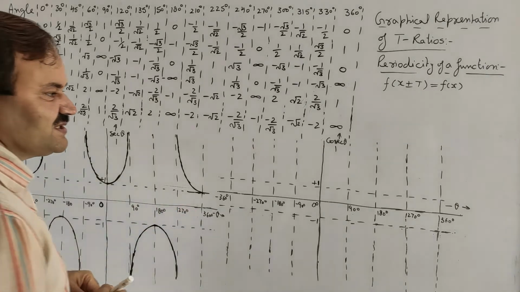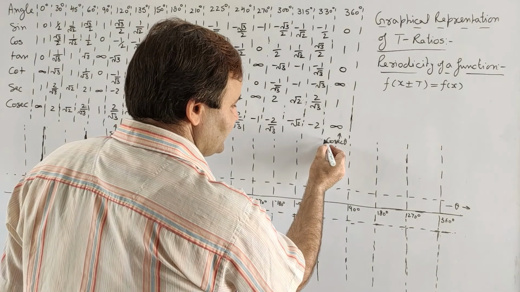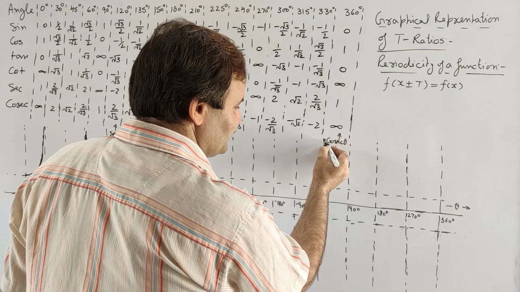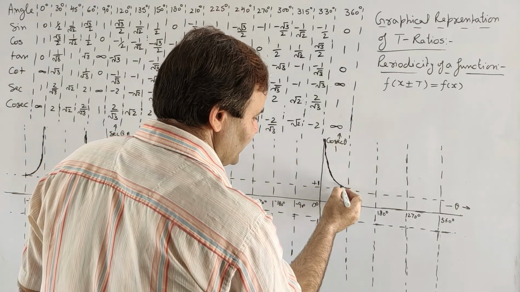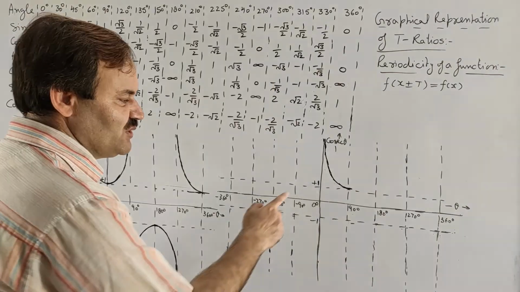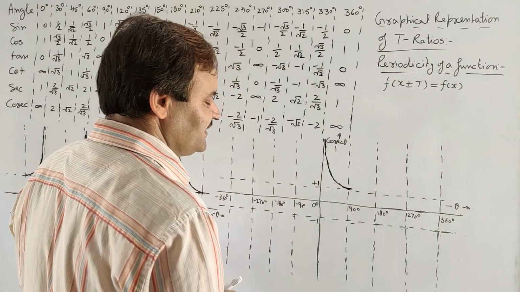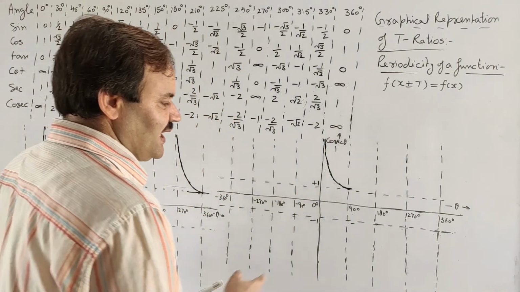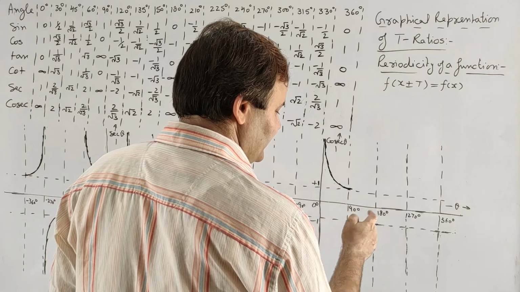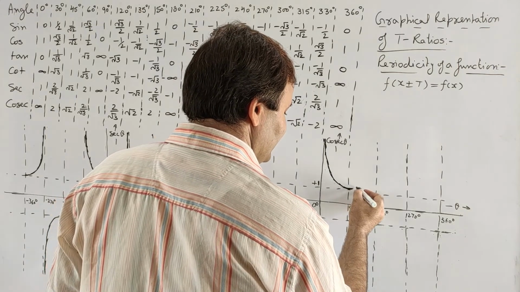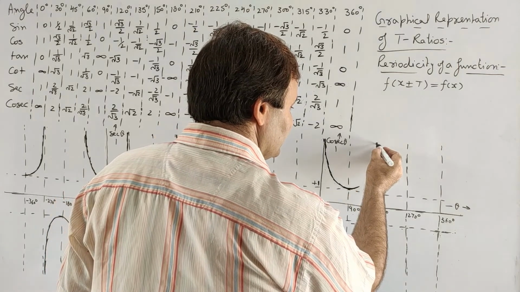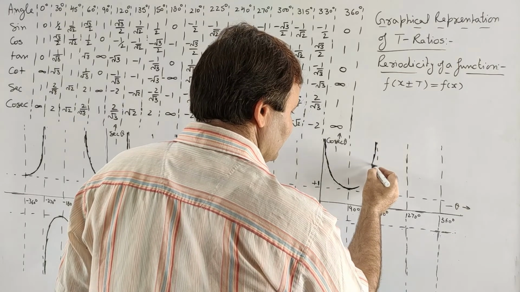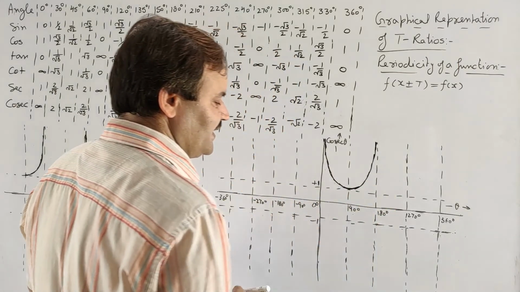So just after 0 degree the value will decrease from infinity to 1, because at 90 degree cosec 90 degree will be 1. After 90 degree, from 90 to 180, the value will again change from 1 to infinity.